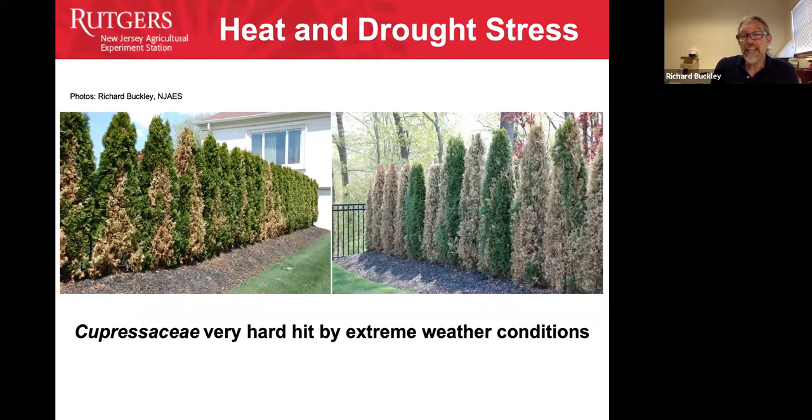In that time period, we started to recognize that arborvitaes were cooked all over the place. It took me a little bit of time to figure out the cause and effect. We not only had arborvitae, we had junipers, chamaecyparis, and leyland cypress. They all were browning.